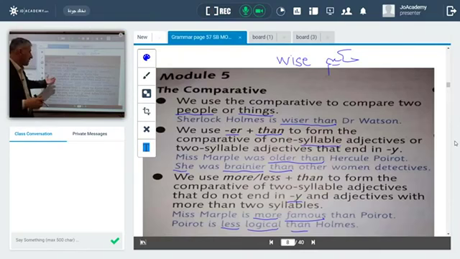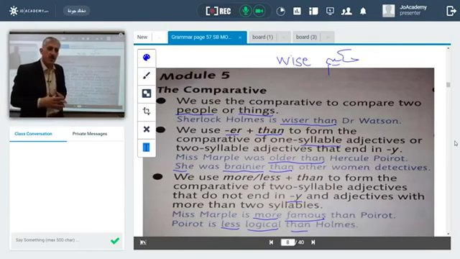So here we have a clear explanation about the comparative. And we said it's very important to add ER to the end of one syllable adjectives. Or we put the word more before the adjective itself, and we don't change anything with the adjective if it is positive.